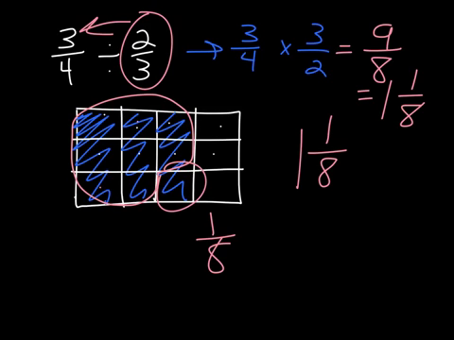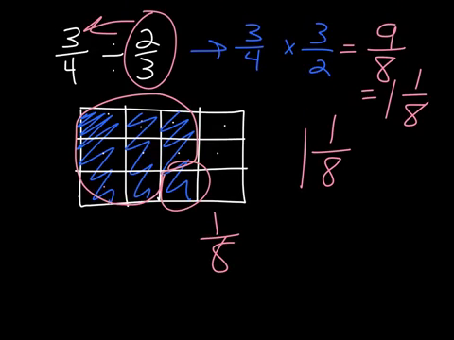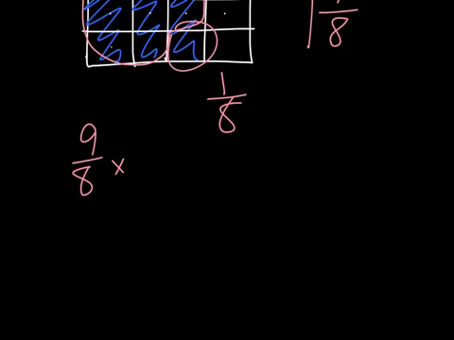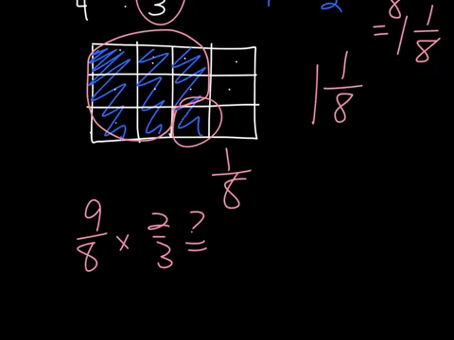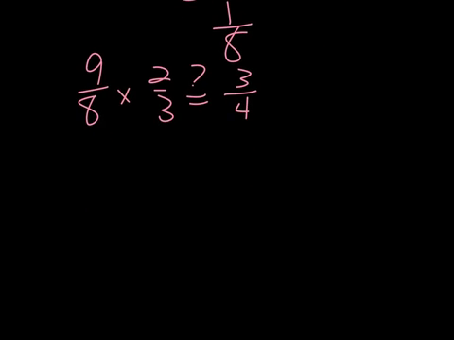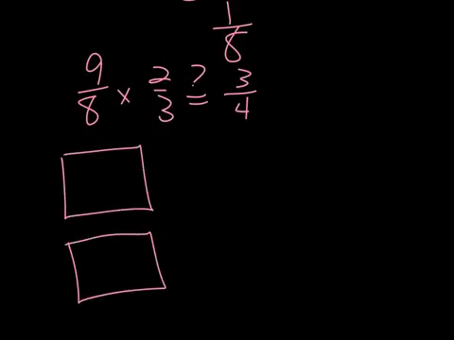Okay, and we can make sure we prove this by going backwards. So make sure that 1 1/8 or 9/8 times what we divided by, so 2/3, is really equal to 3/4. Now it might be helpful to actually draw this one out. So if we have 9/8, 2 rectangles, and they're split into 8 pieces.